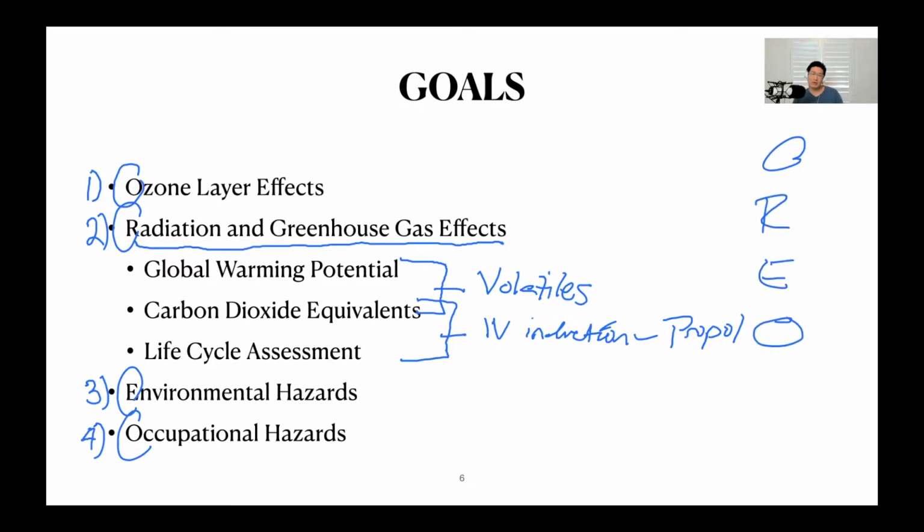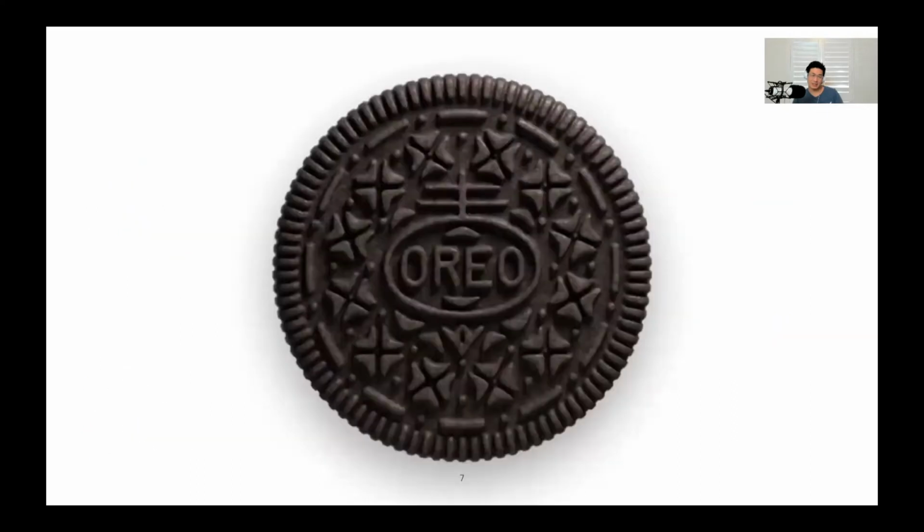The Oreo cookie. So the ozone layer effects, the radiation and greenhouse gas effect, the environmental effects, and the occupational hazards. All right.